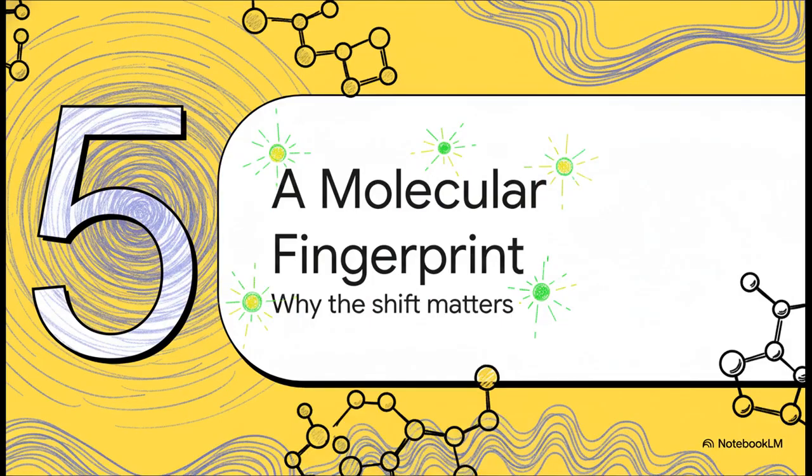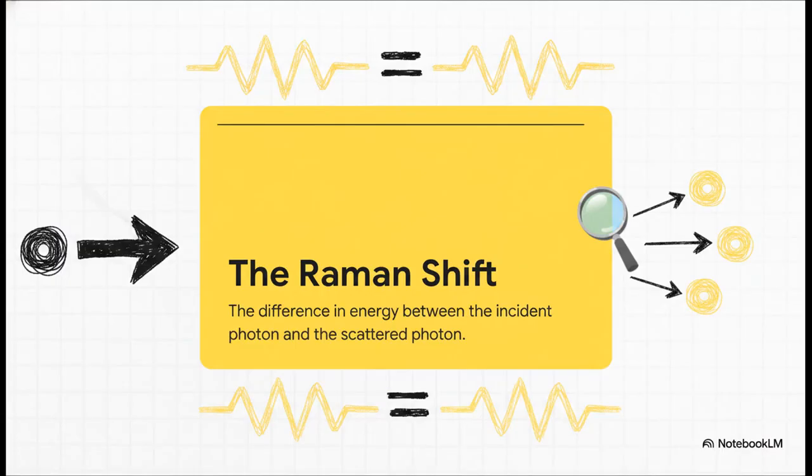So at this point, you might be thinking, okay, that's kind of neat, but it's a tiny energy shift that almost never happens. Why is this such a big deal? Why a Nobel Prize? Well, it's because that tiny shift contains an incredible amount of information. See, the most important piece of data we get out of all this is something called the Raman shift. We don't just care about the final energy of the photon.